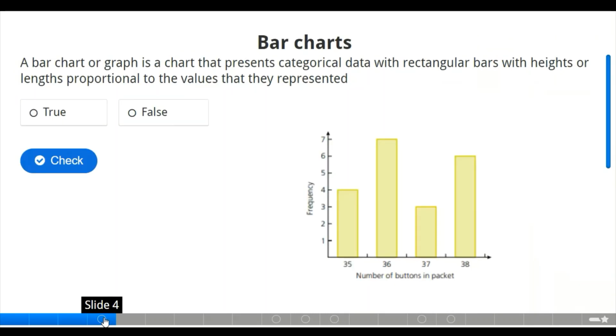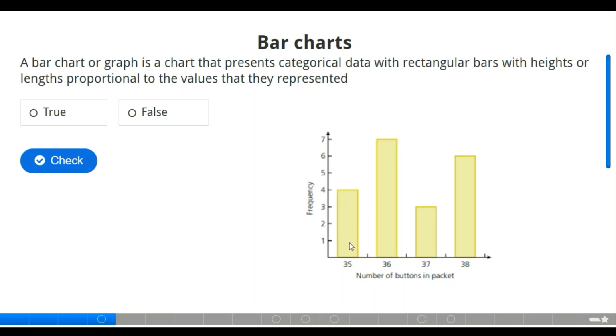Okay, now we are looking at bar charts. A bar chart or graph is a chart that presents categorical data with rectangular bars with height or length proportional to the values that they represent. So a bar chart presents your categorical data, that is, information with a specific set of categories, using rectangular bars, and the rectangular bars represent the height of those data sets.